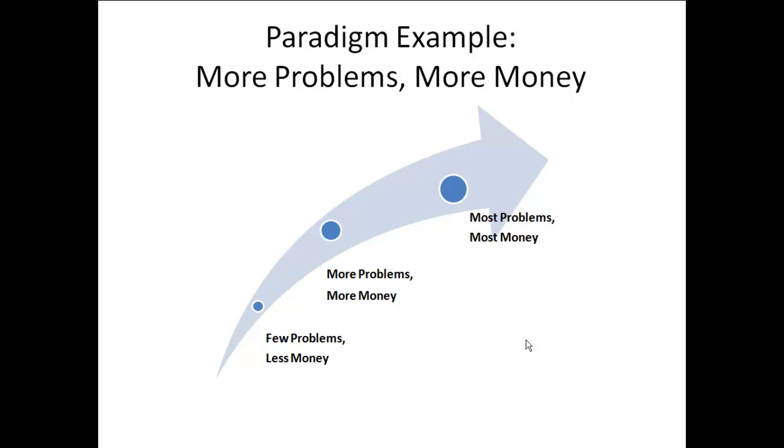And in the beginning, as things are just starting out, we might run into a few problems. And as we encounter those problems, this particular paradigm has us equating any problem with needing more funding or more money. So when we start off, we have a few problems, we don't need that much money.